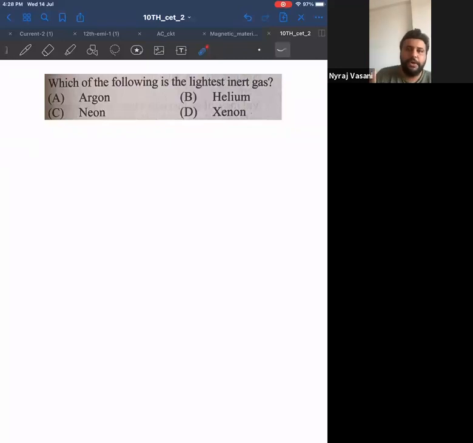Which gas do they use in hot air balloons? You might have seen movies, or you might have personally been on a trip on a hot air balloon, and you have balloons also which go on the ceiling. They put a gas, correct? Remember, if you leave that balloon, it will go. Answer is helium. Not neon. Neon is used for fancy lights. Helium is the lightest gas. That is why it is used in hot air balloons.